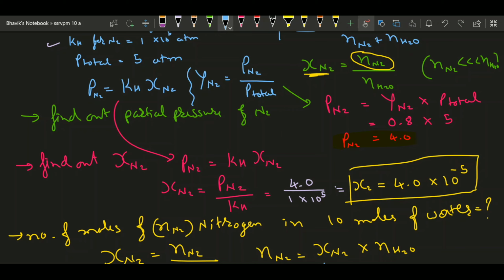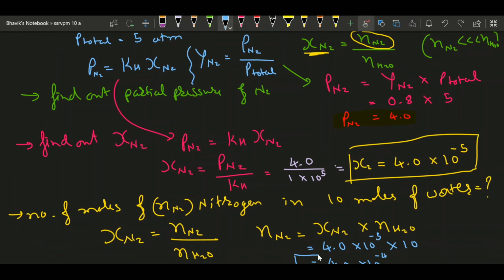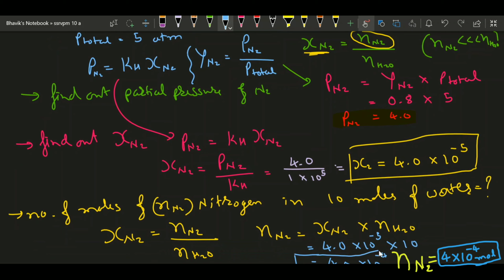So I will write 4.0 into 10 to the power minus 5 into the number of moles of water, 10. So the final answer will be 4.0 into 10 to the power minus 4. Okay, this is the final answer.